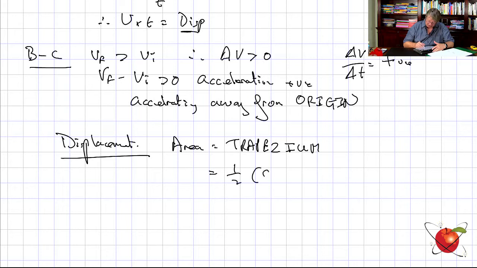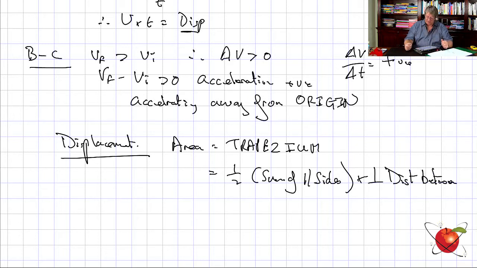It's a half of the sum of the parallel sides times the perpendicular distance between, which is going to be equal to a half of the sum of the parallel sides, VF plus VI over 2, times time. Half the sum of the parallel sides times the perpendicular. And we go back and we write it on. So basically, that's going to be that, and that's positive, right? So it's a positive displacement.